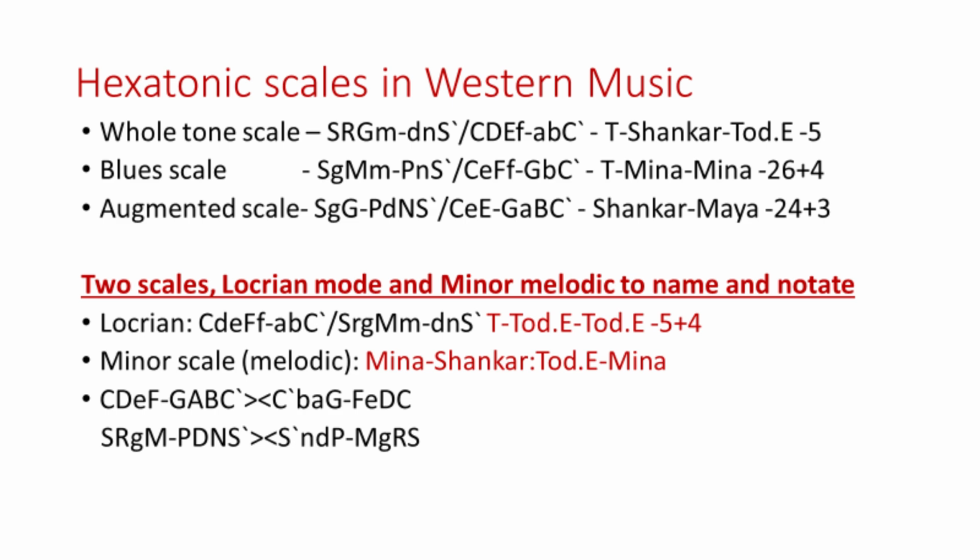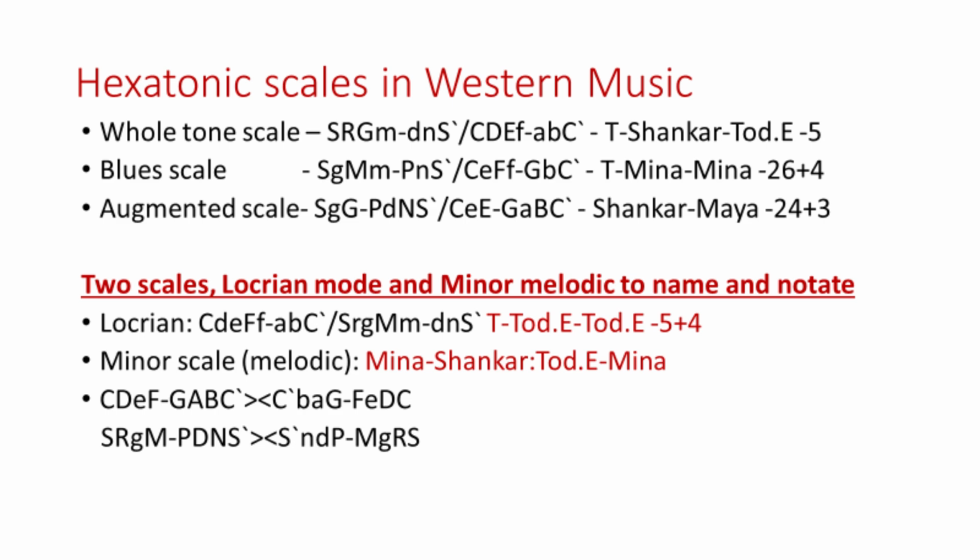Now you see how convenient it is to know the notes of any scale if you have memorized the naming system and the notations associated with it already. Now let's look at the Western scale called the augmented scale.